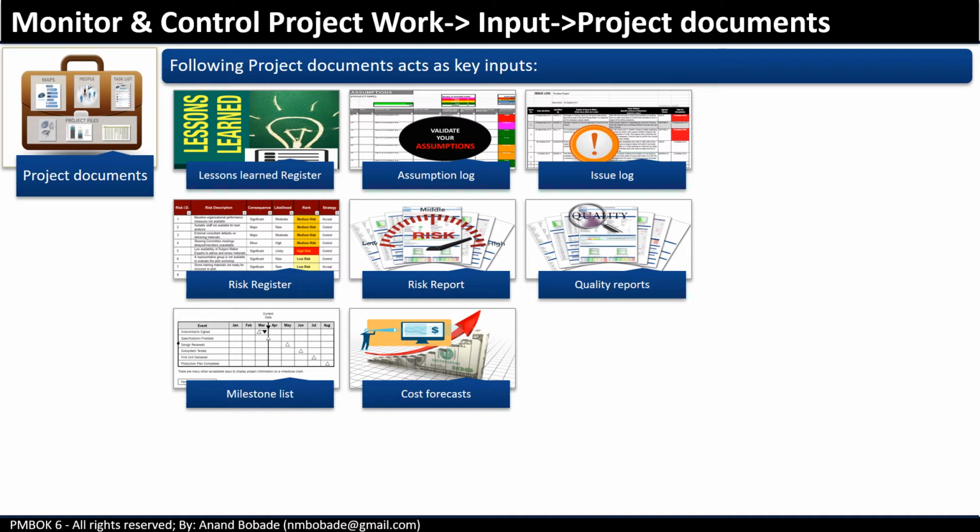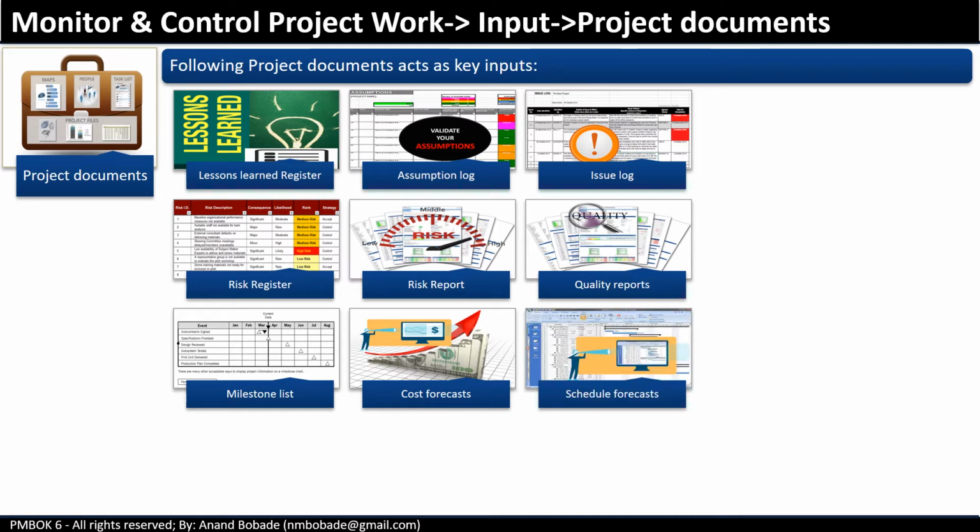Cost forecast determines if the project cost is within the agreed tolerance range or not. If it is not, how much more you will need to spend. Schedule forecast determines if the project schedule is within the agreed tolerance range or not. Again, if you are delaying, how much more delay you are going to have.